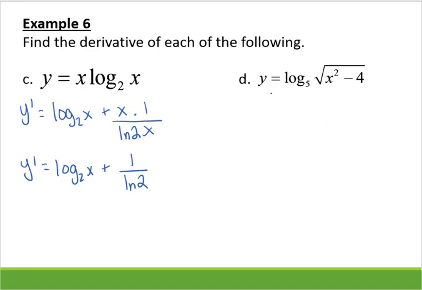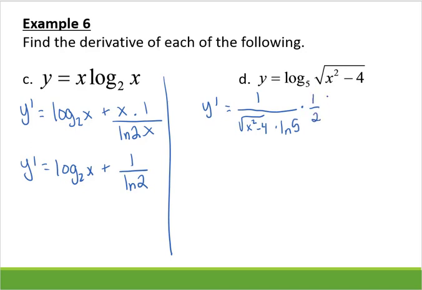So looking at this one, y prime is equal to 1 over my function times ln of 5 times the derivative of the top. So 1/2 times (x squared minus 4) to the negative 1/2, times the derivative of the inside, which is 2x in this case.